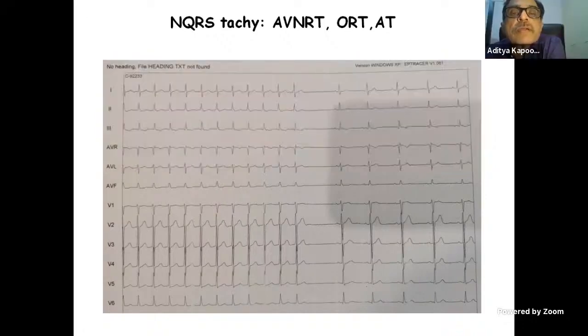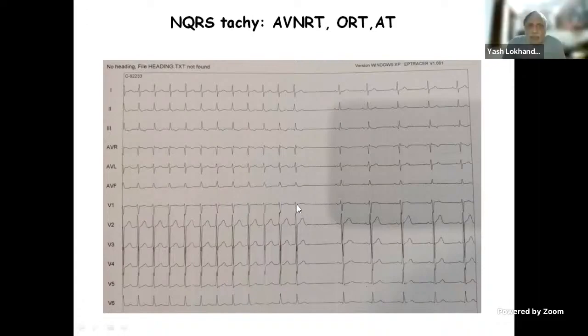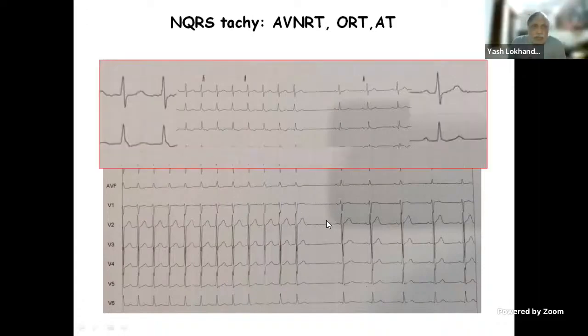You have to be very careful, as Dr. Yash was also telling us. You see this hump is clearly seen in this lead as well. You see this? Sometimes at narrow speed you are unable to make out, but if you look at it very, very carefully, you will be able to see. Again, if you see this R prime which sir was talking about, you see this? Yeah, you should blow up V1 and show actually.